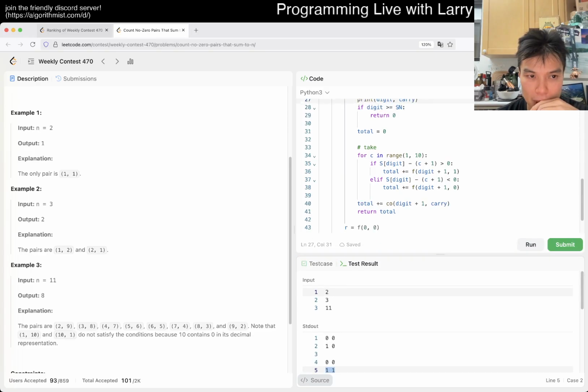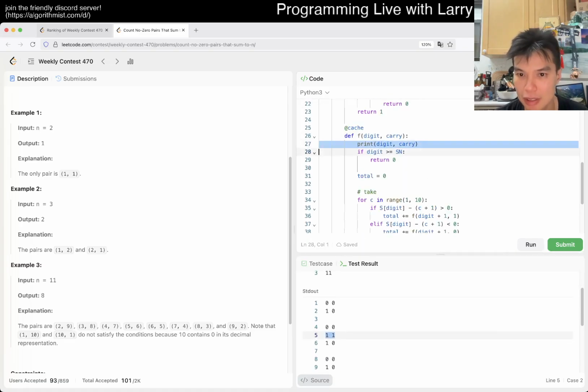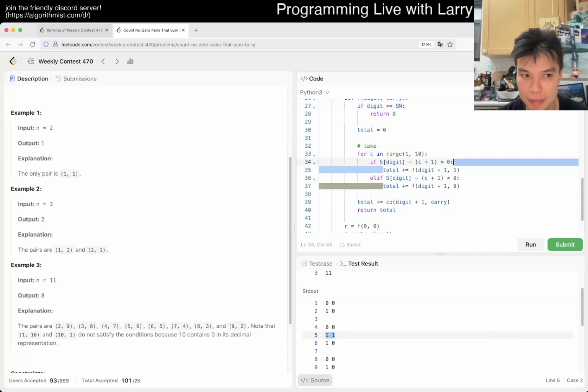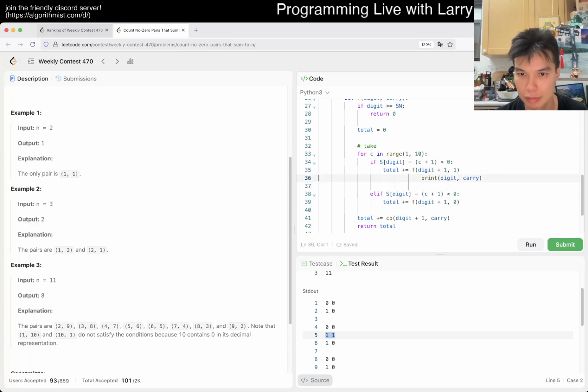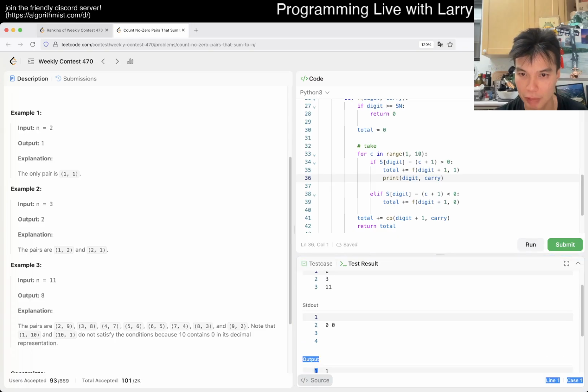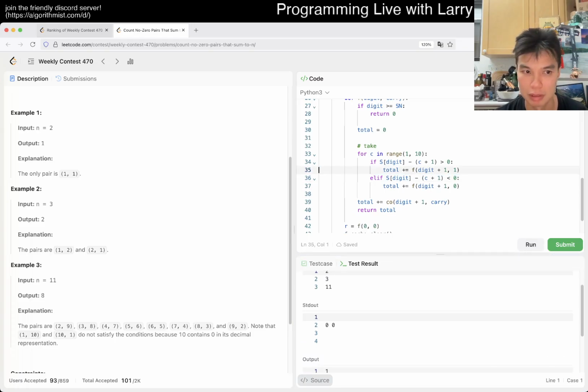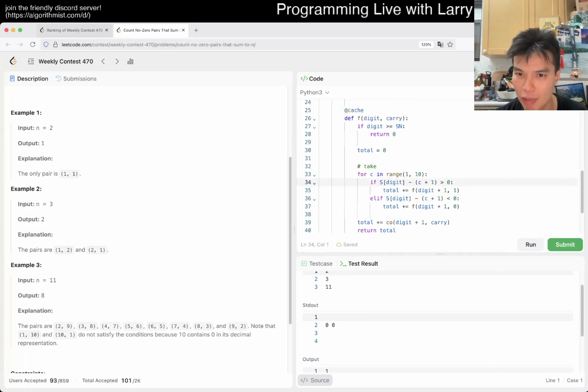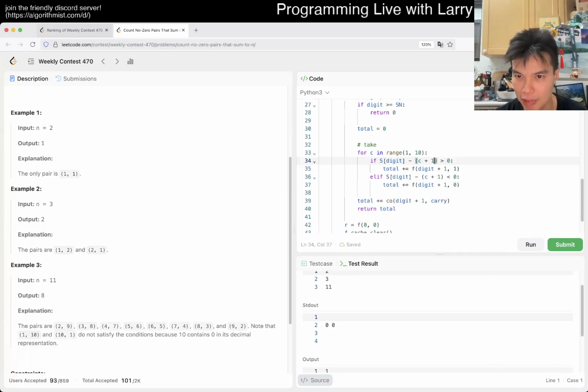There shouldn't be a carry though, right? Oh, I guess it just gets cached. That's why. But this should show up twice in the middle section, but it only shows up once, right? Oh, that's C +1. Why was C +1? It's C plus carry. What are you doing, Larry?